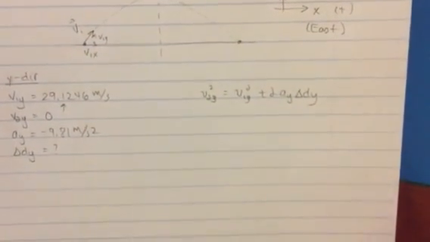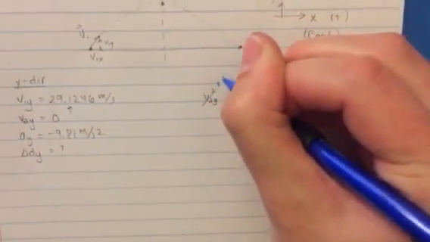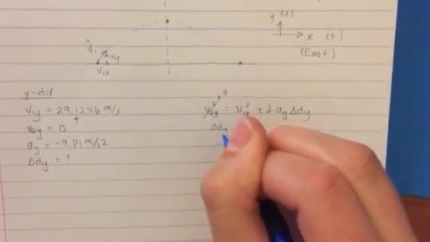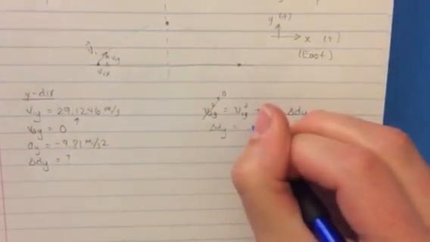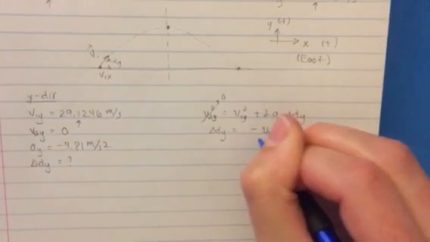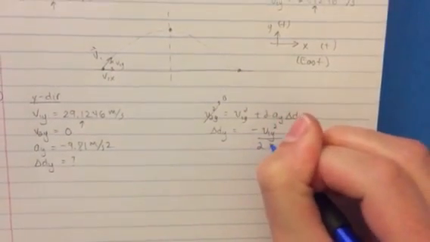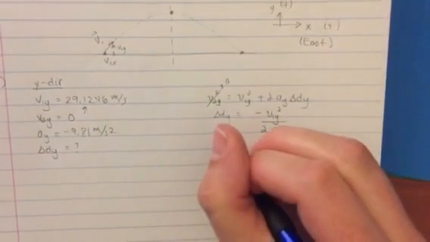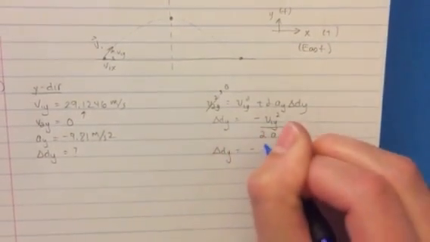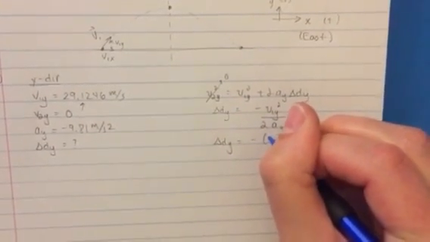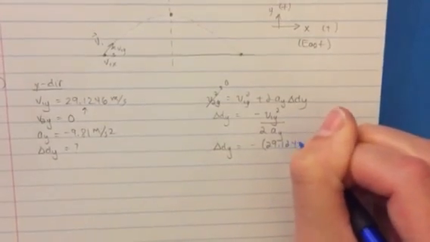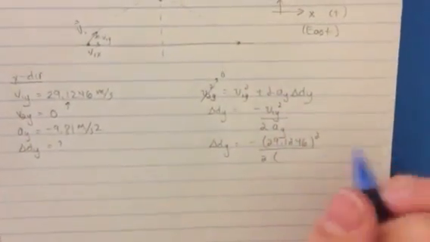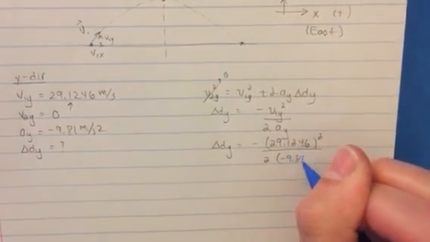And in this one, I have some simplifications I can make. v2 is 0. So that means when I'm solving for delta dy, I'm going to get negative v1y squared divided by 2 times the acceleration in the y direction. Substituting in some numbers, I've got my initial y velocity, 29.1246, which will be squared, divided by 2 times negative 9.81.